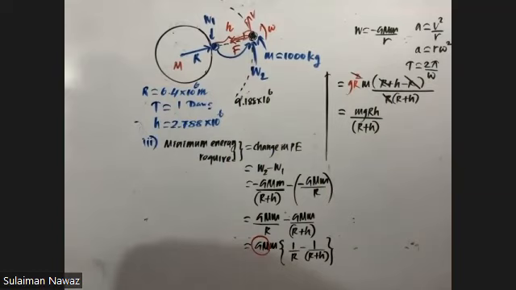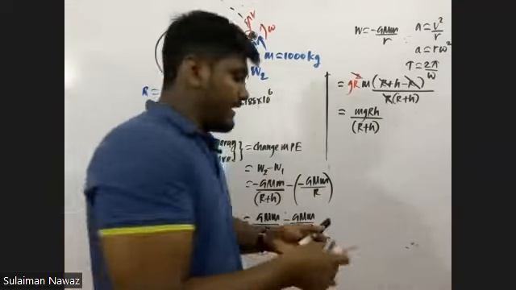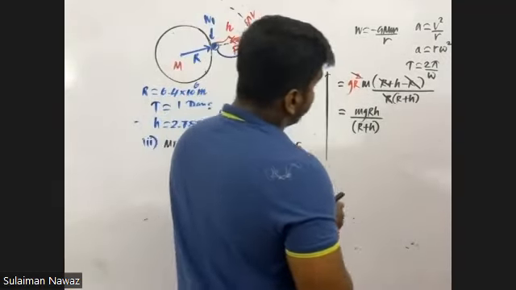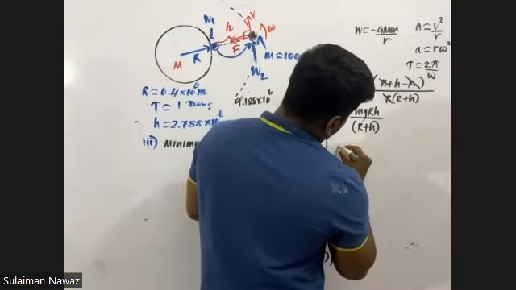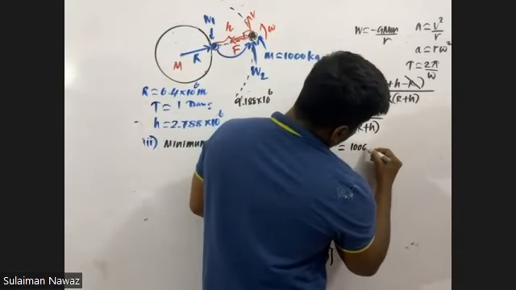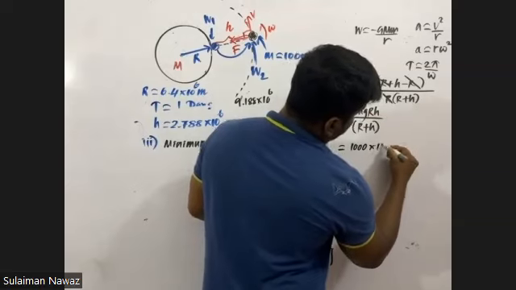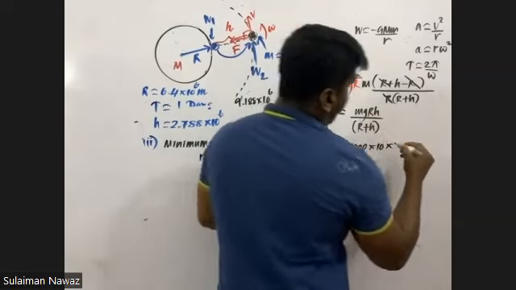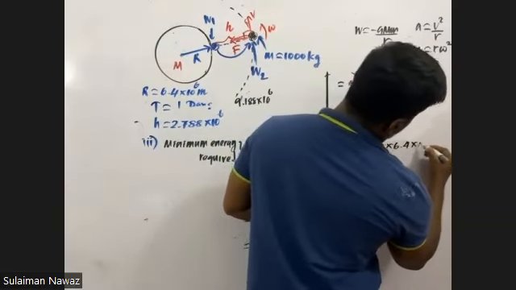If we substitute, what will be the answer? m is 1000. Gravitational acceleration is 10. R is 6.4 times 10 to the power.